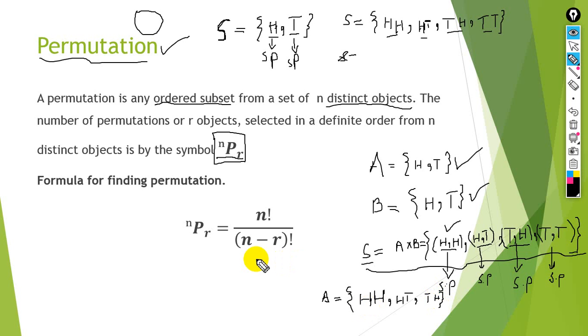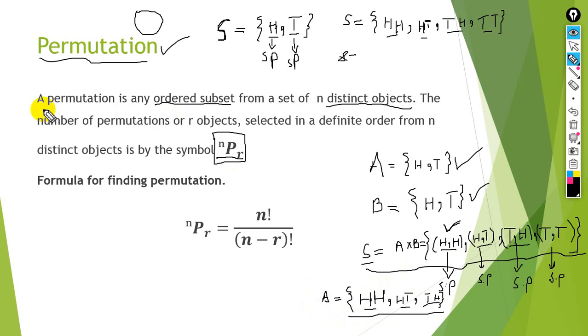Okay, so then we will find the number of sample points. Here the total is 4, but with H at least two times it will have only three sample points. So we can say that permutation is finding the number of sample points from a sample space.